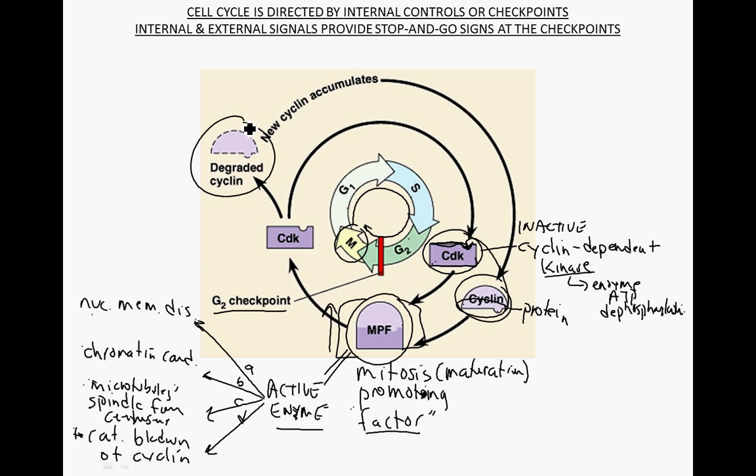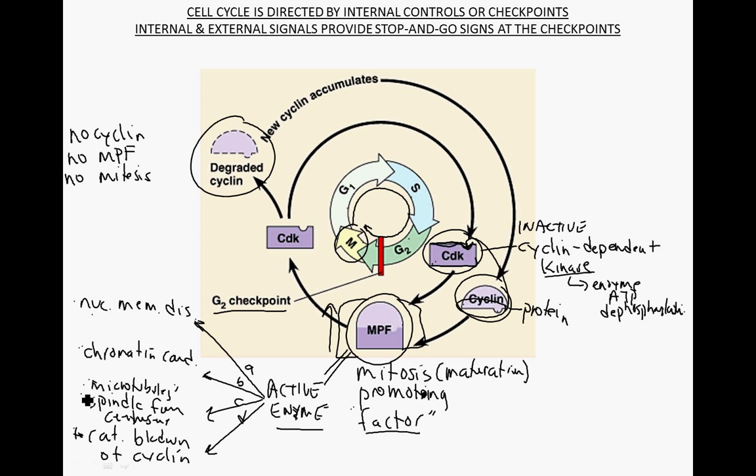Cause and effect here: no cyclin means no MPF, which means no mitosis, which means all of these things reverse. The nuclear membrane will come back, chromosomes will decondense back to chromatin, the spindle goes away.